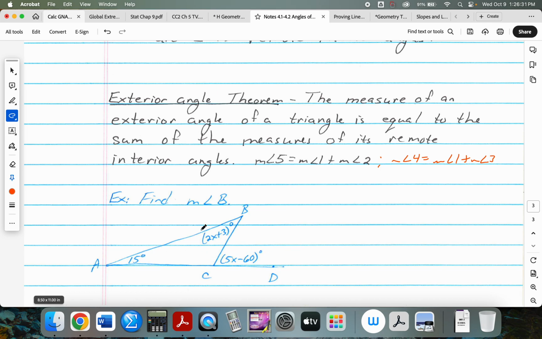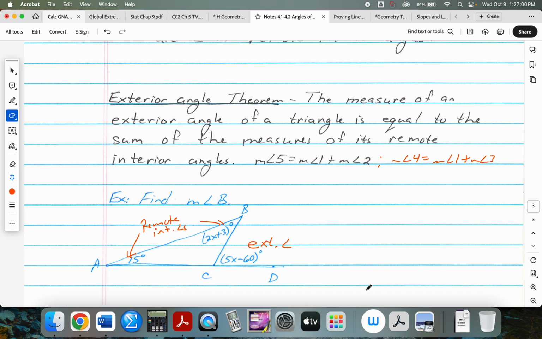So notice I have the triangle and I've extended one side. The angle formed by a side of the triangle and an extension of one side. This is your exterior angle because it's outside of the triangle. And these are the two remote interior angles. It's the two angles inside the triangle that aren't right next to it.